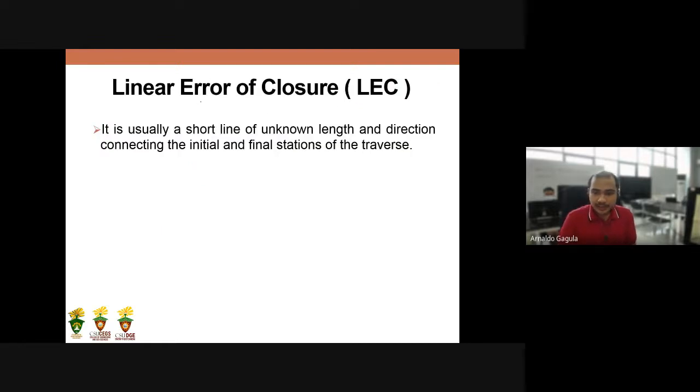So to determine the linear error of closure, as to the definition, it is usually a short line of unknown length and direction connecting the initial and final station of the traverse.